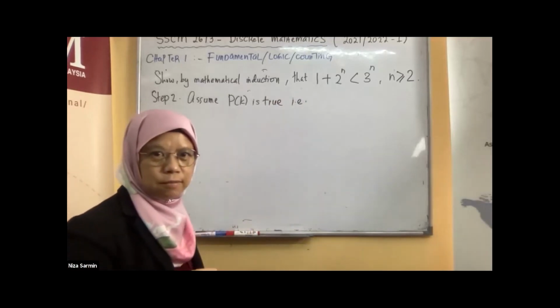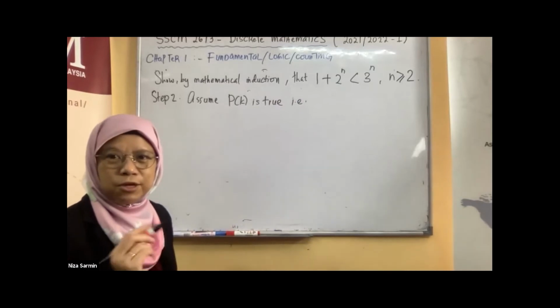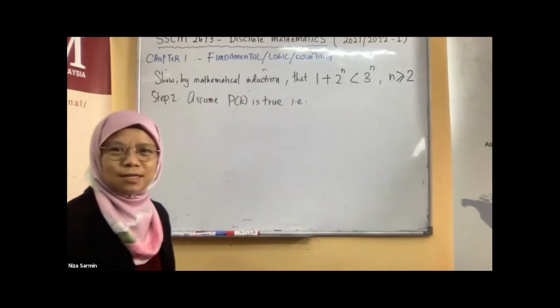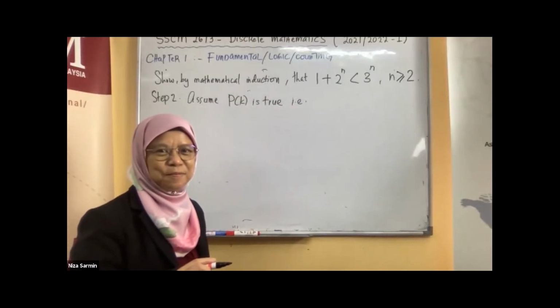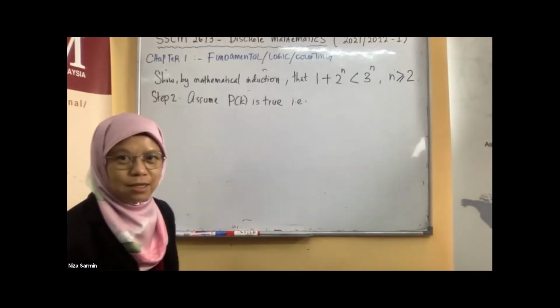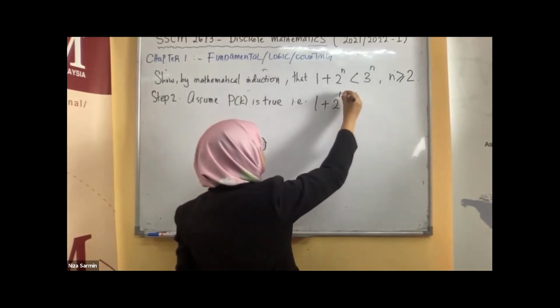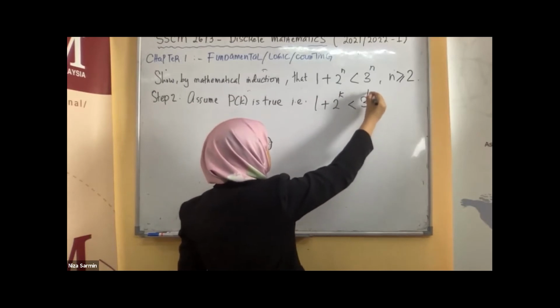Can somebody read it for me? Alia. 1 plus 2 to the k less than 3 to the k.